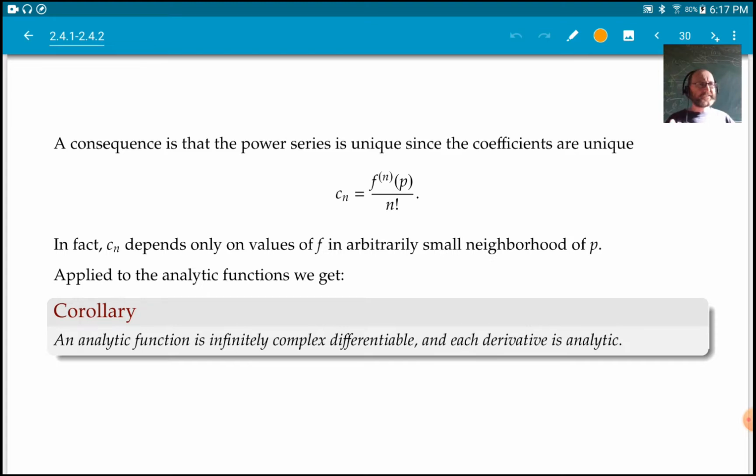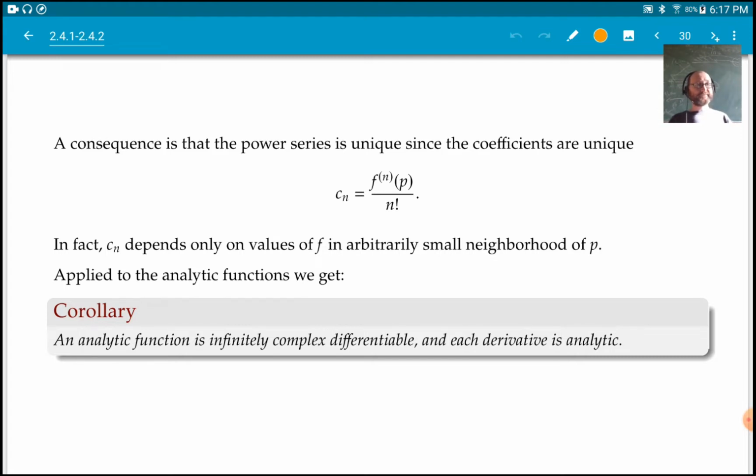And this is going to be the weird thing. Once we prove that holomorphic functions are actually analytic, then we're going to find that a holomorphic function, which is a function that possesses the first complex derivative, that I can differentiate at every point, is infinitely complex differentiable, and each derivative is holomorphic.